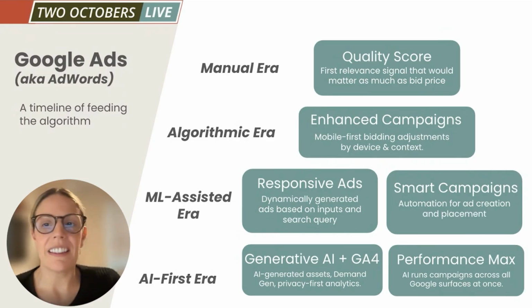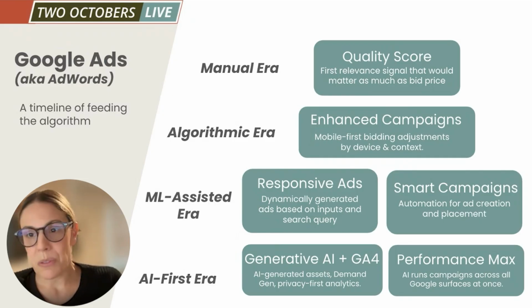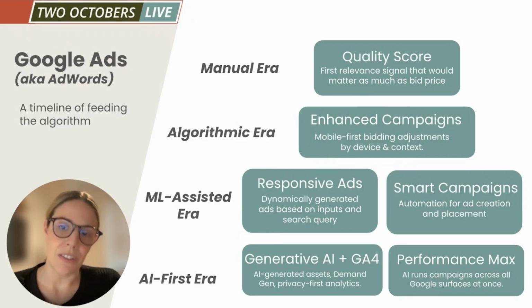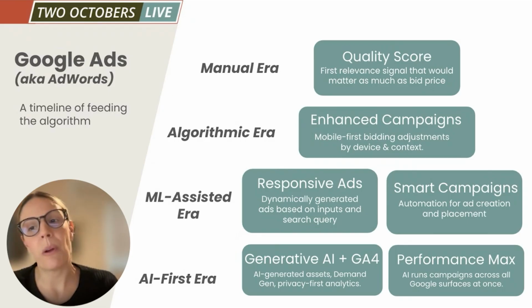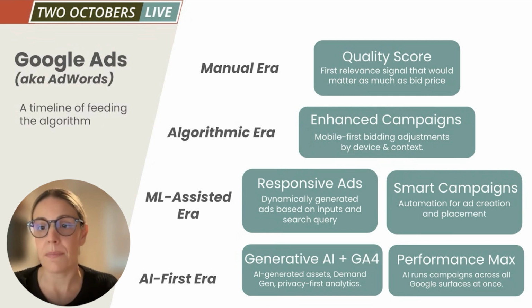And this is really the timeline of how Google has evolved from the more manual side of ads and into this AI first era that we're currently in. So with that, the manual part of this was when we started bidding for impressions and CPC, and that all led to creating more relevant ad copy and tailored keywords that could give us a quality score for our ads.